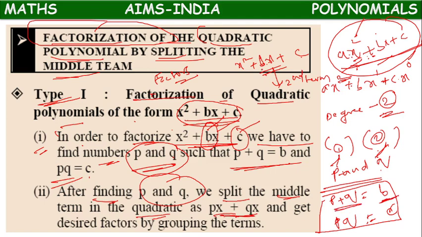So in place of b we take p plus q times x, that is px plus qx, and get the desired factors by grouping the terms. So first we find two numbers, then we split the middle term, then we group the similar terms. In that way we can find the factors.